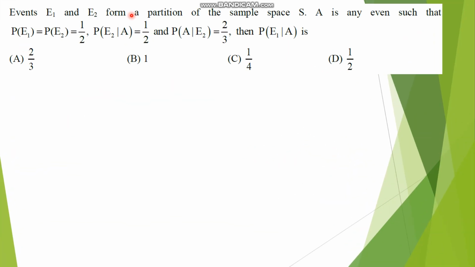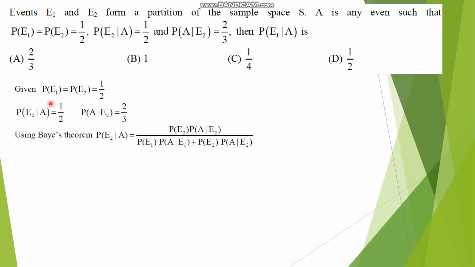Event E1 and E2 form a partition of the sample space. A is any event such that P of E1 and P of E2 are 1 by 2, P of E2 given A is 1 by 2, and P of A given E2 is 2 by 3. Then P of E1 given A is, 4 options are given: 2 by 3, 1, 1 by 4 and 1 by 2. Now, P of E1 and P of E2 are given. P of E2 given A is given, P of A given E2 is given.